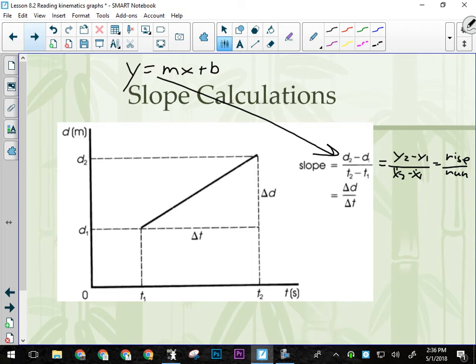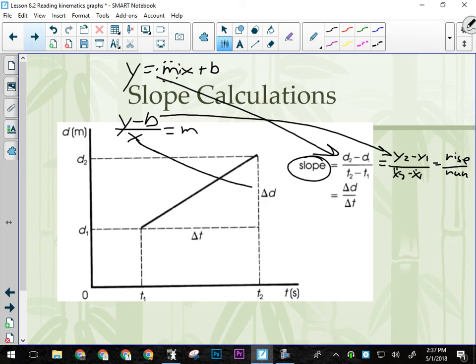Okay. All right, and we said this formula can tell us the same thing if we manipulate for m, because m is slope, right? So if I manipulate this formula for m, I'm going to subtract b and divide by x. So I'm still getting the change in y divided by the change in x. Everybody with me there? On this graph, that's what it's showing.